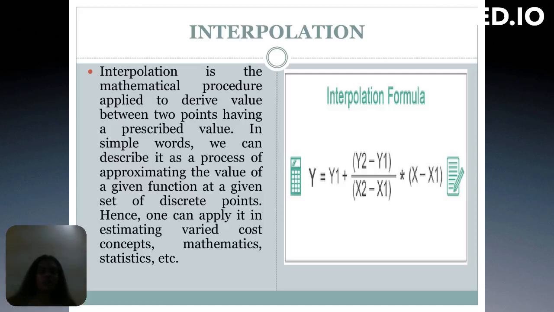We can also explain in simple terms that it's a process of approximating the value of a given function given at a set of discrete points, and hence one can apply it in estimating various cost and concepts in mathematics and statistics, etc. So the formula for interpolation is y equals y1 plus y2 minus y1, the whole divided by x2 minus x1, which is multiplied by x minus x1.